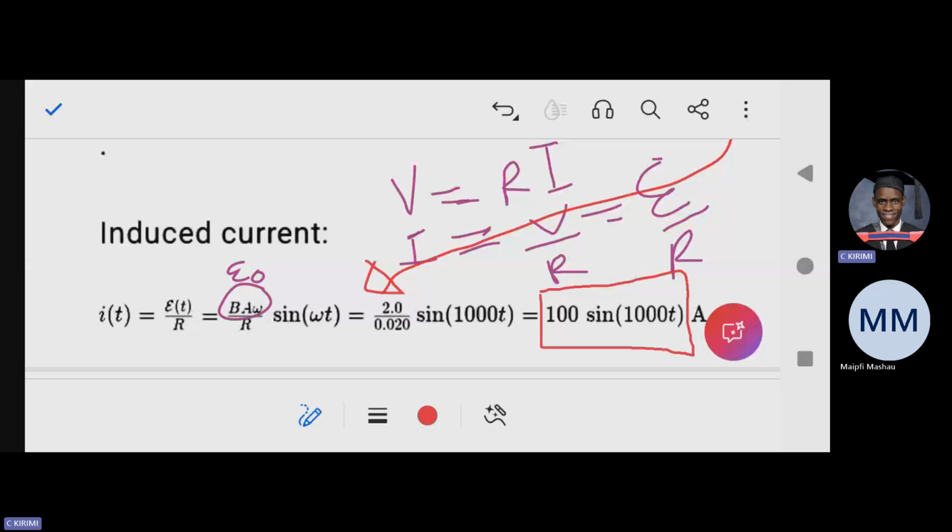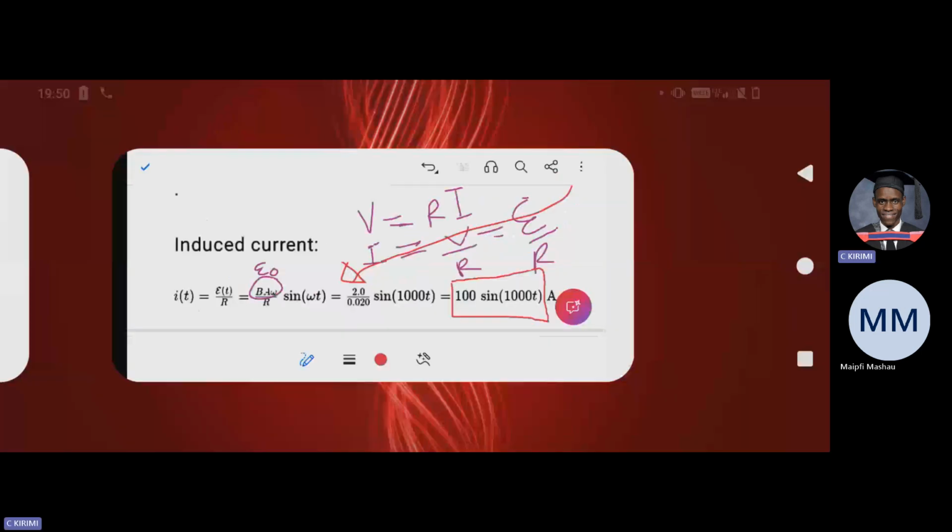All right. Then now we are going to B. So for A, we are done. B is saying what?